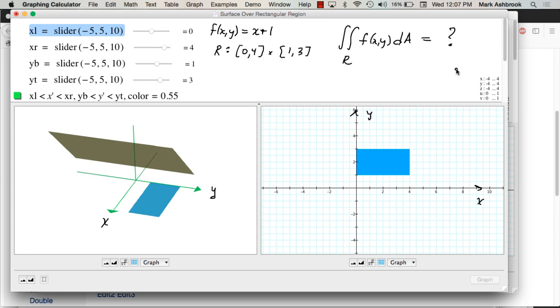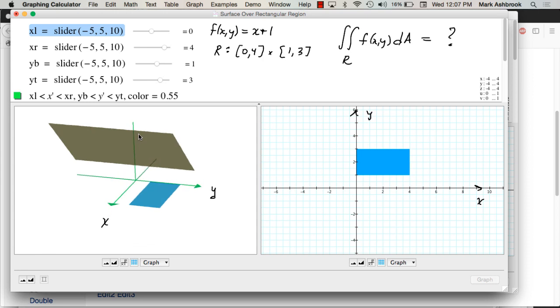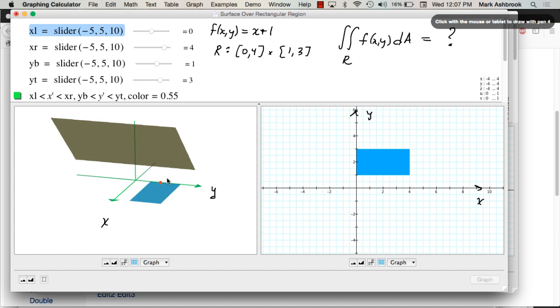What volume? Volume underneath f(x,y) in that rectangular region. Okay. See if I can draw it here. So it's the volume from the surface to the xy plane. This is the key. It's from the surface to the xy plane, right?